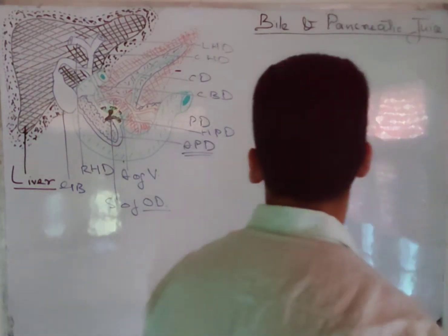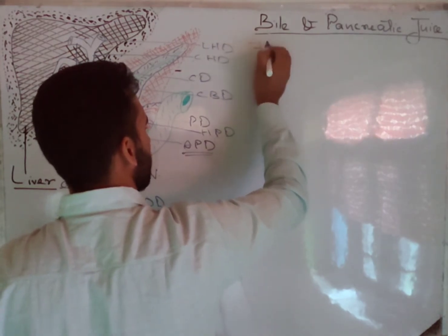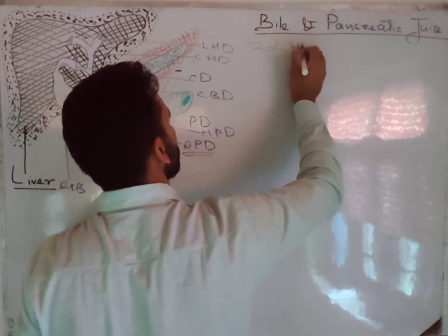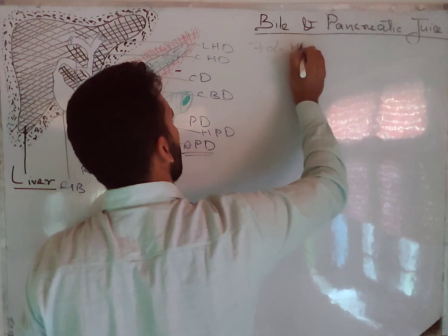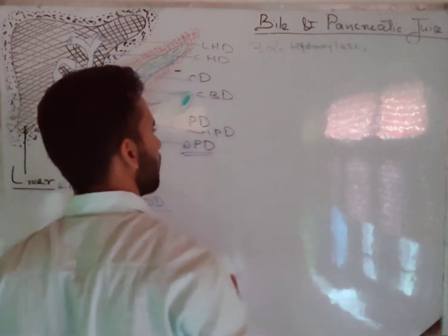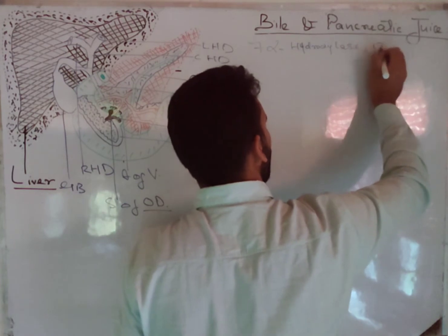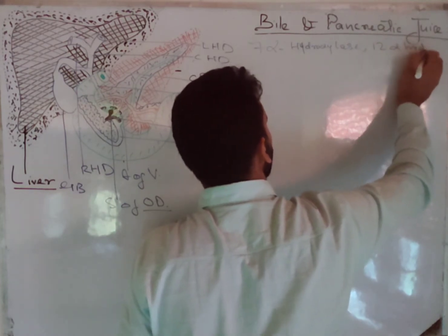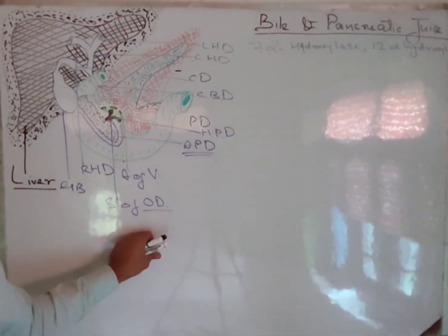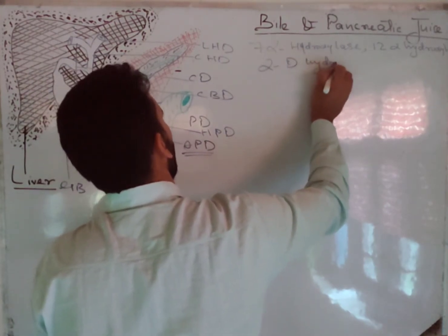So, one major important enzyme is 7 alpha hydroxylase, a cytochrome type of enzyme, and sometimes it is called 71, and another one is 12 alpha hydroxylase, and another important enzyme is alpha D hydroxylases.